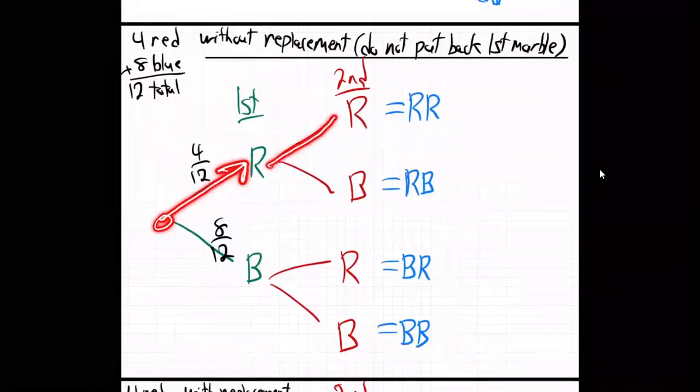And now I'm asking, what's the chance I'm going to also get red the second time? Well, if you got red out of the bag the first time, now you've only got 3 red left in the bag. You with me? So your chance of getting red is 3 out of 11.